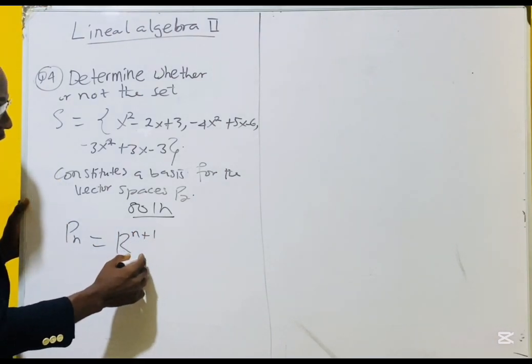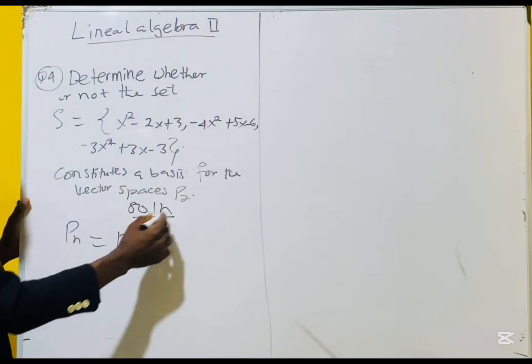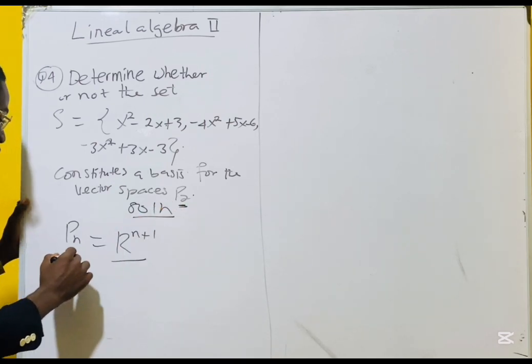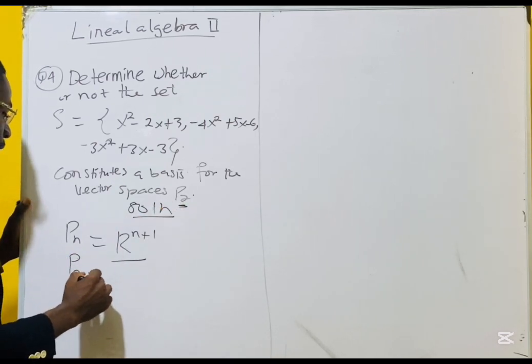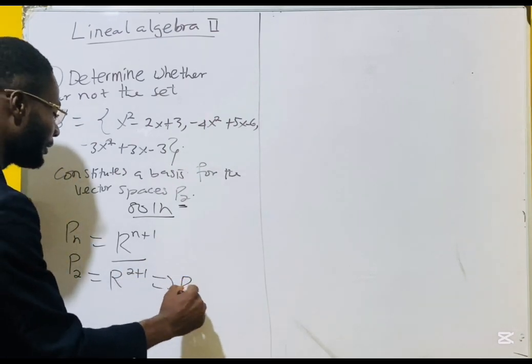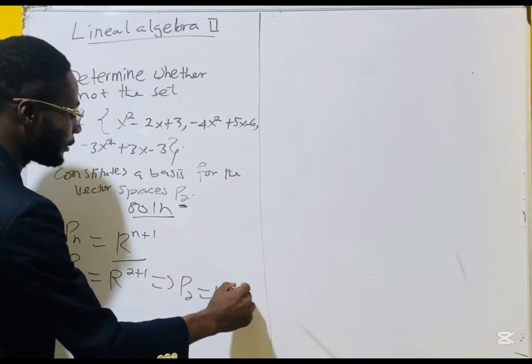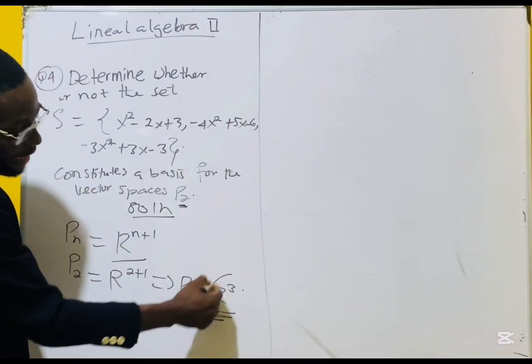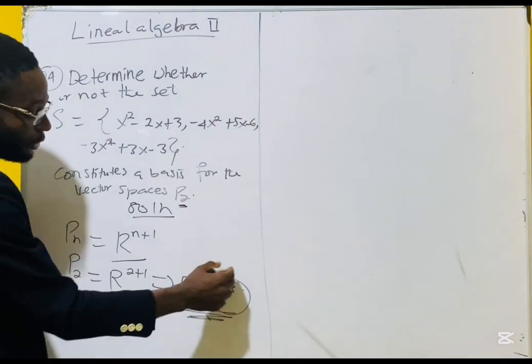So here, we know that our n is 2. So P2 is equal to 2 plus 1. So this implies that P2 is equal to R3. So we have to get R3. So we are working with what?